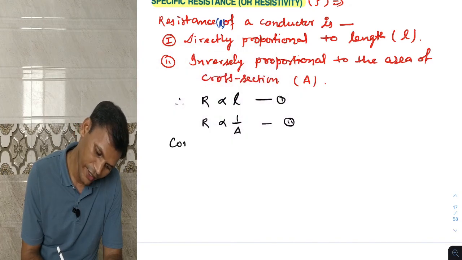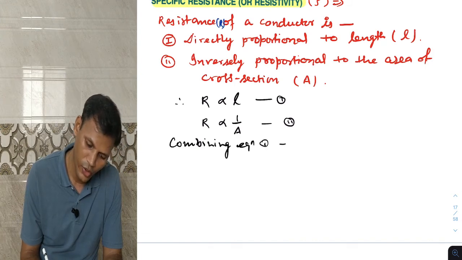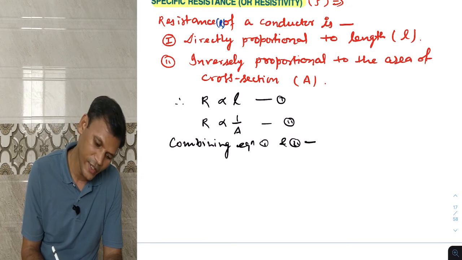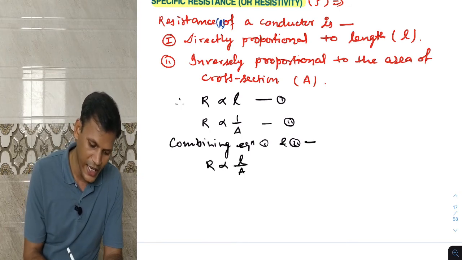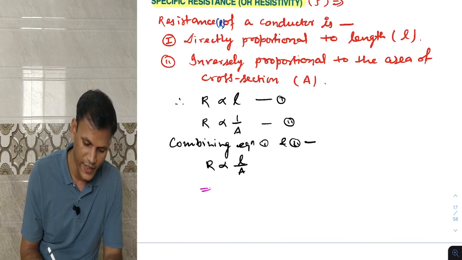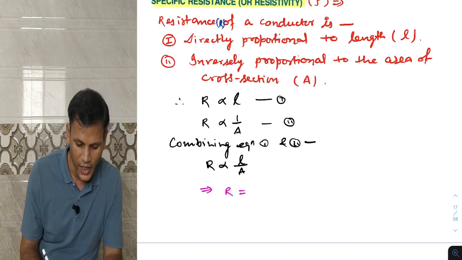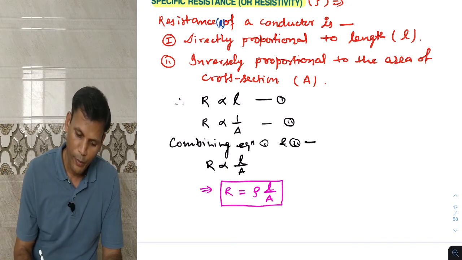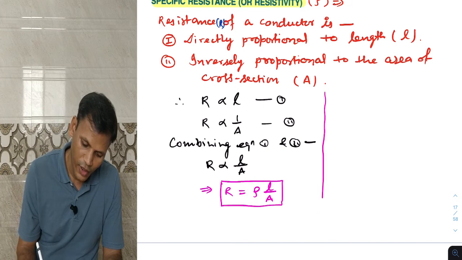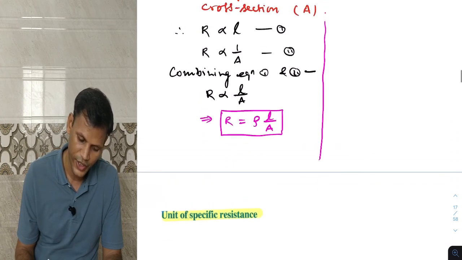Both have the same LHS, so R is proportional to L by A. And as we will remove proportionality sign, we will write R is equals to rho L by A. This rho is the proportionality constant which is called the resistivity.